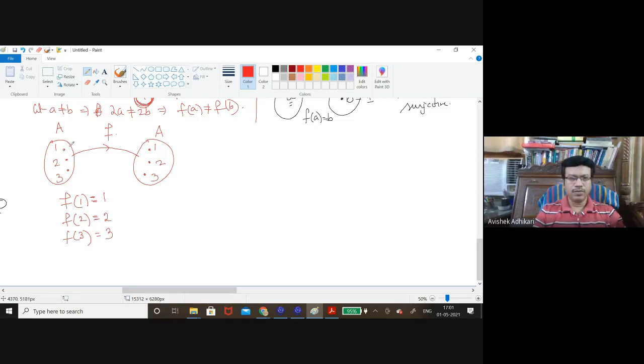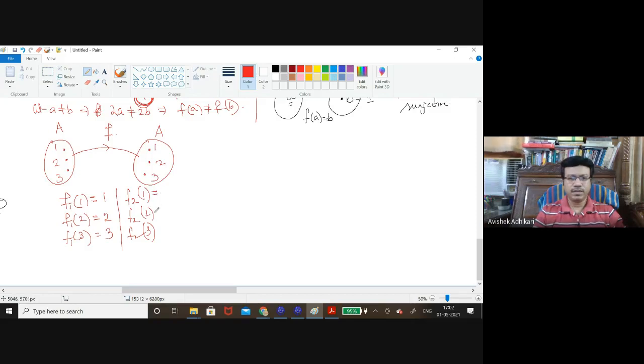Very good. So if you consider 1 goes to 1, 2 goes to 2, 3 goes to 3, you can see that all the properties are satisfied. Very good. I'll write it F1. Can you give me another function, F2, on 1, 2, 3, which is also bijective?